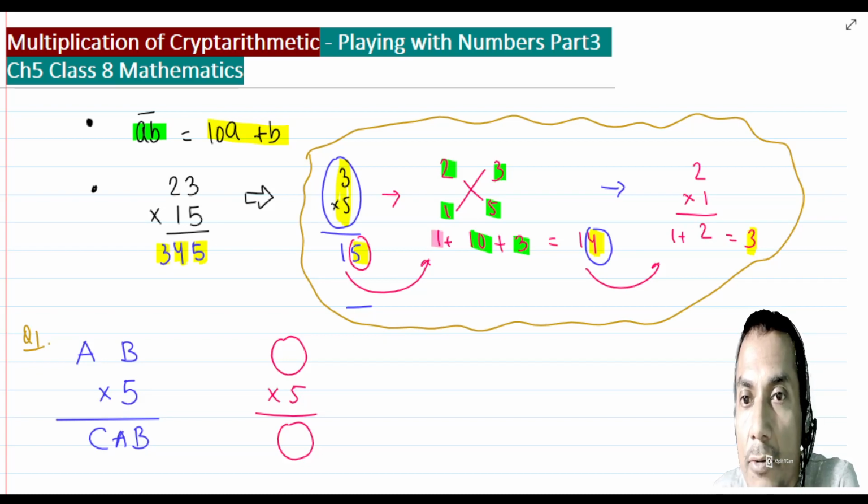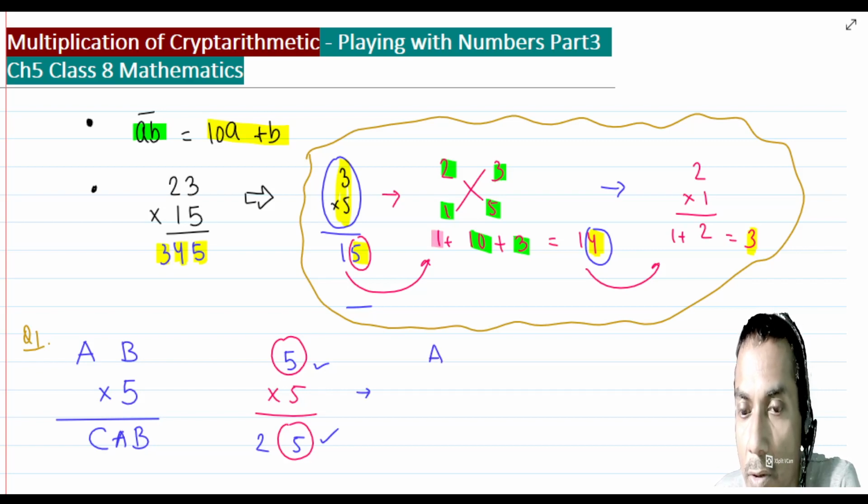Now we consider 5. What happens with 5? 5 into 5 is 25, so it is possible, because the same number is put here. The next step is I replace b with 5.